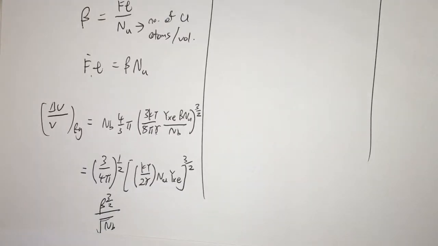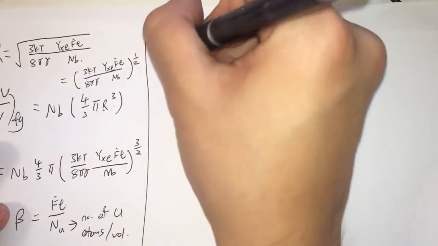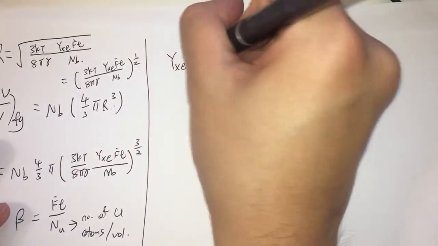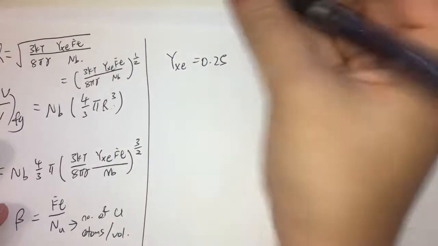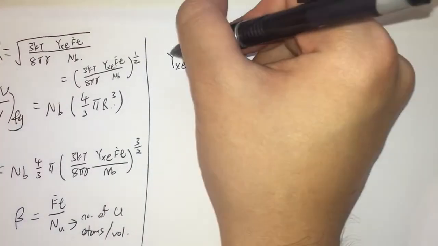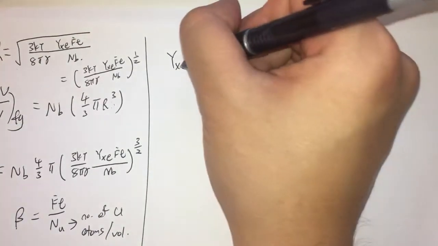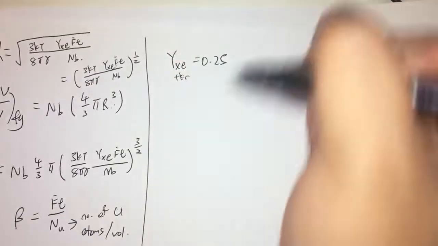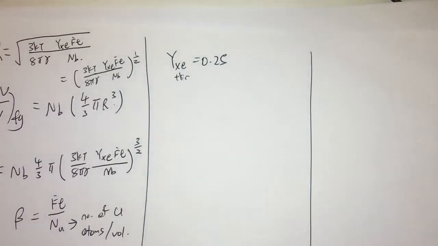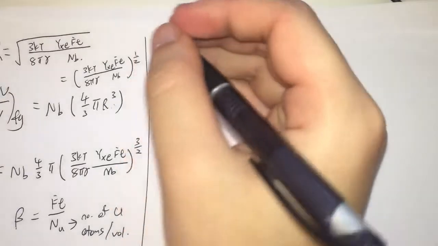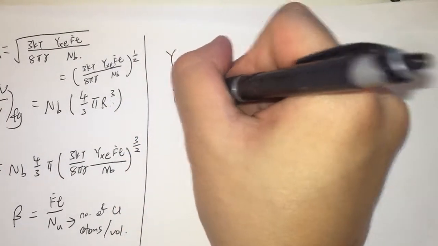If we substitute some representative numbers, Y_Xe equals 0.25. This represents xenon plus krypton, so all the heavy fission gases excluding helium.